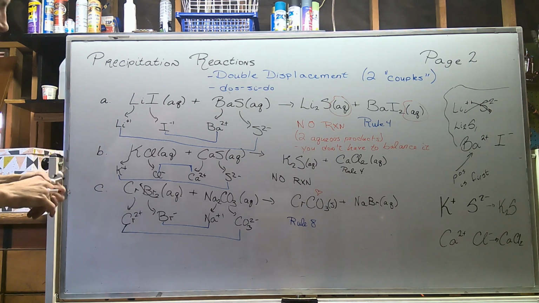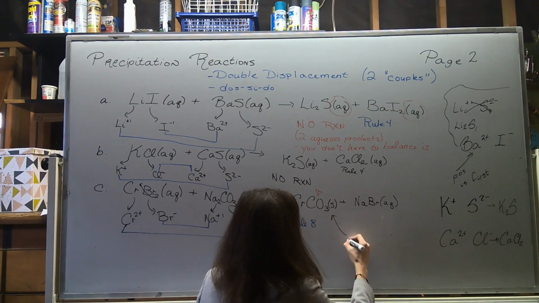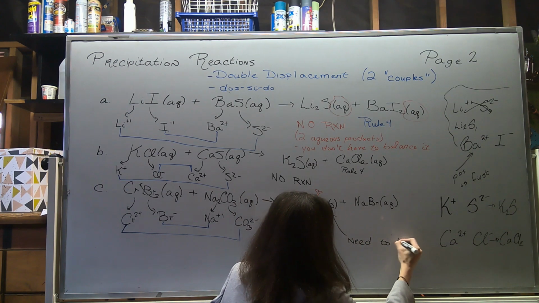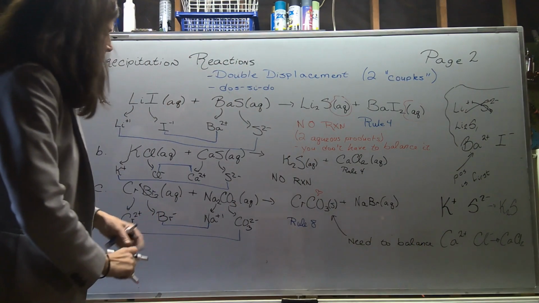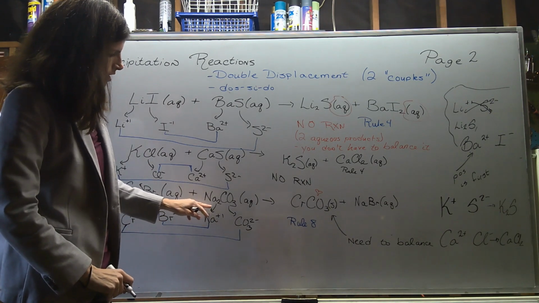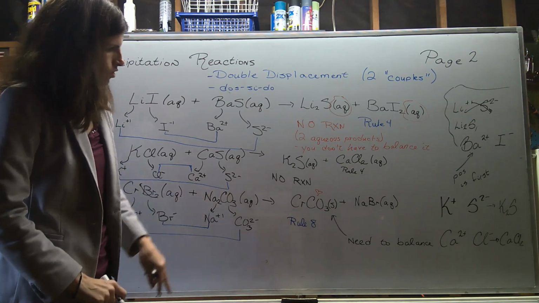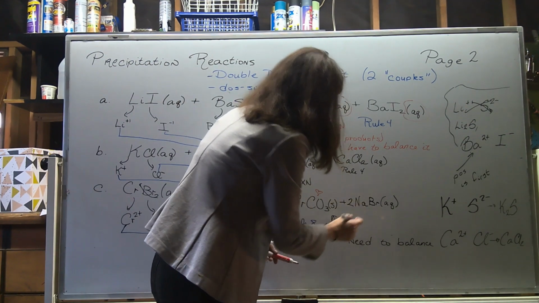Okay, if you have a solid, you need to balance it. We're almost done here. Solid, you need to balance. So what I'm noticing with balancing is I have 2 sodiums right here. So I'm going to put a 2 out front here.